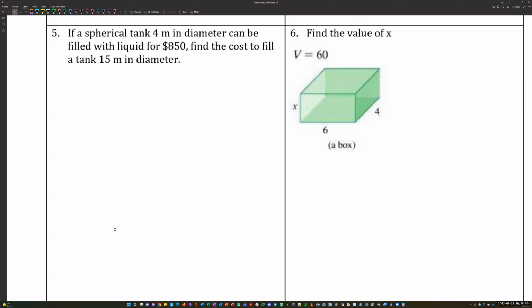First, you would write out the equation to find the volume of the tank. Which tank? The spherical tank with 15 meters in diameter. All right, we're definitely going to have to find that volume.